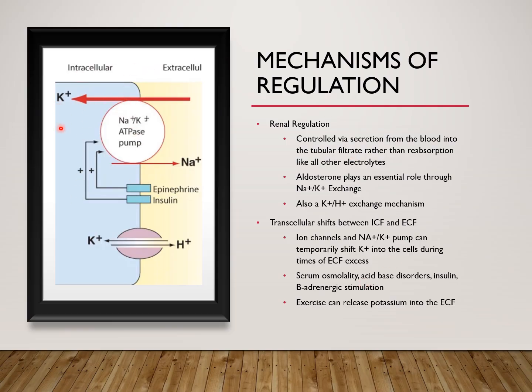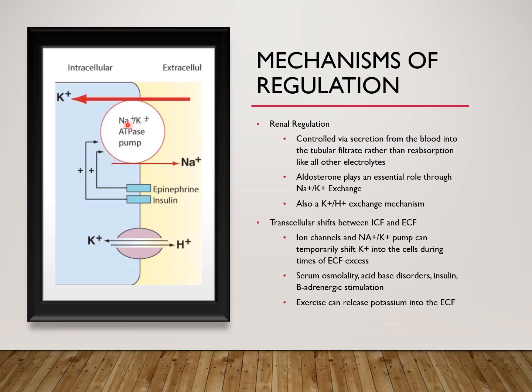So we have intracellular space inside the cell, and we also have our extracellular space. And so now if we're in a condition where we have too much potassium in this extracellular space, things like epinephrine, a beta-adrenergic stimulant, can help to push more potassium into the cell. Something like insulin can be given because that also acts as a conduit to transfer potassium from the extracellular to the intracellular space.